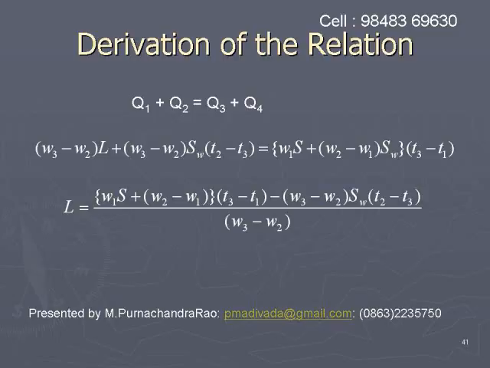Therefore, L is equal to [W1S plus (W2 minus W1) whole multiplied by (T3 minus T1)] minus [(W3 minus W2) into SW into (T2 minus T3)], whole divided by (W3 minus W2). Using this equation, we can determine the latent heat of steam.